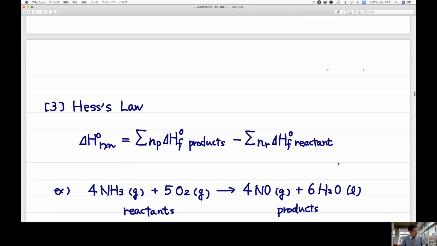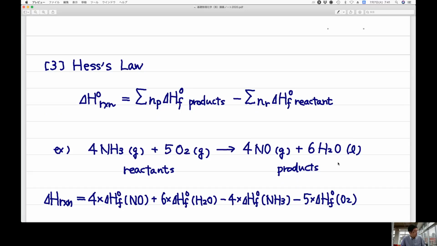Okay, this is Hess's law. The change of the enthalpy of a chemical reaction is easily estimated by the use of the standard enthalpy of formation. So this is a very useful equation, so-called Hess's law.